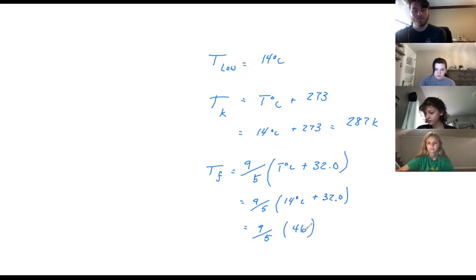Yep. And still no decimals, so 2 sig figs. Multiply it by 9/5. So I need 9 divided by 5 times 46. Boom. And I get 82.8. Is that correct?